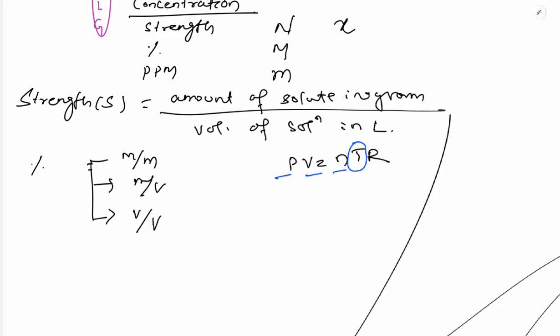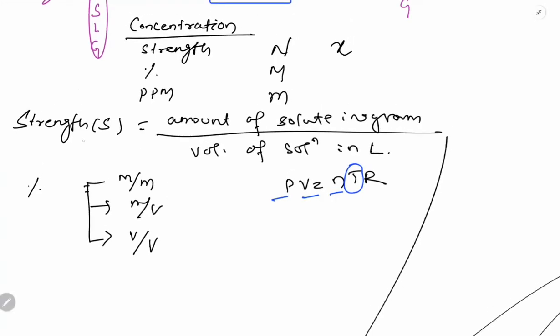Similarly, in the formula of strength we see there is a volume term. So strength depends upon temperature. For a particular temperature, the solution has a fixed strength. If the temperature changes, increased or decreased, then the strength of the solution will increase or decrease.